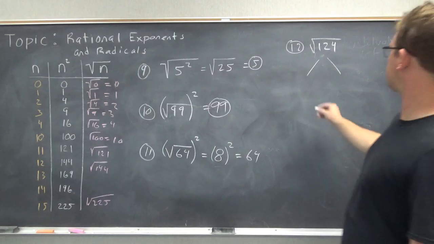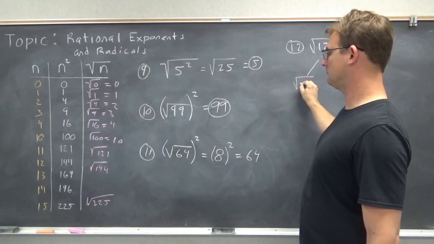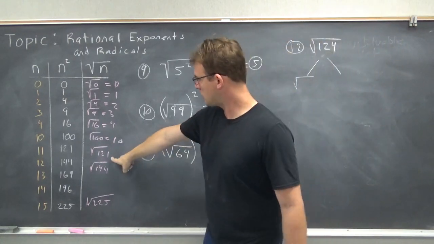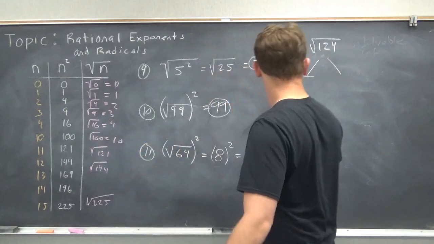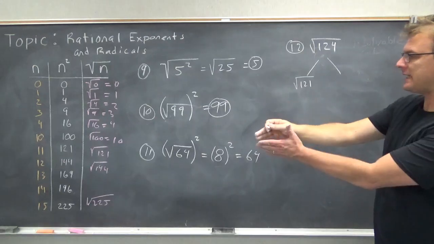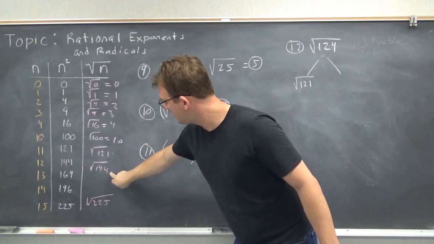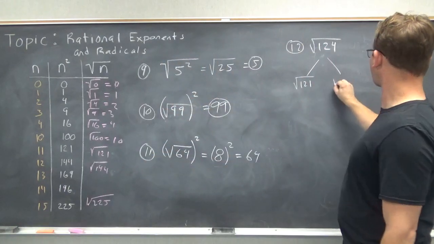Well, let's see. This is between the square root of 121 and, what's the next number bigger? 144.